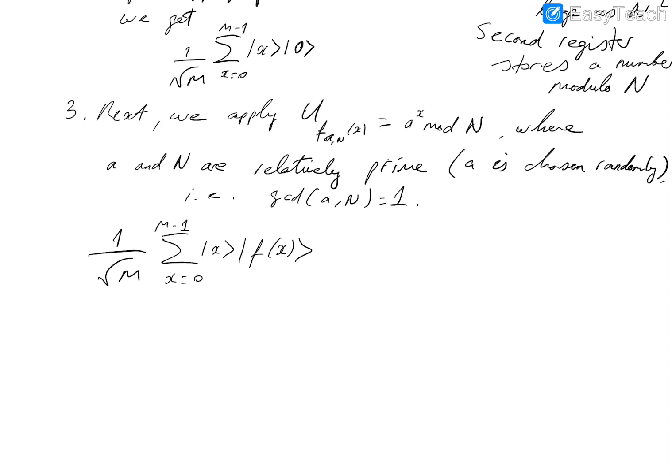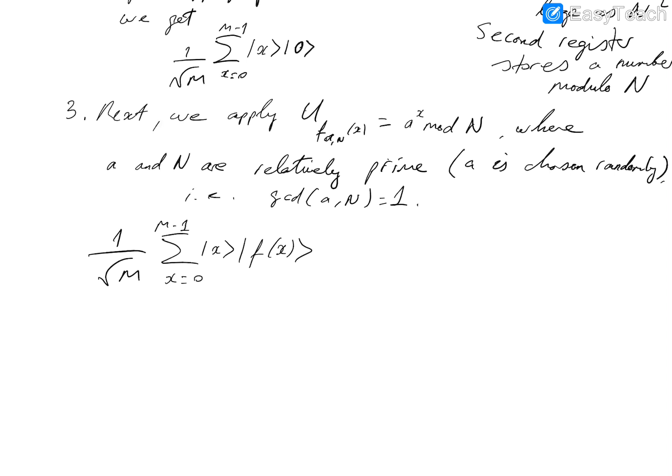Now, as soon as we measure the second register, and so we perform a partial measurement, anything in the superposition in the first register which is inconsistent with our measurement outcome will disappear, right?